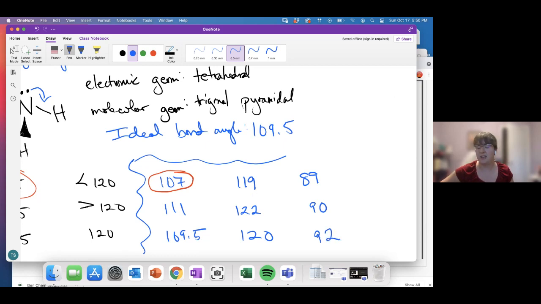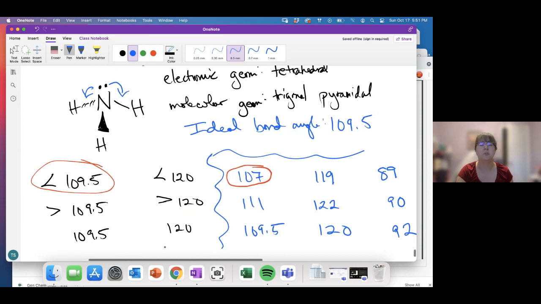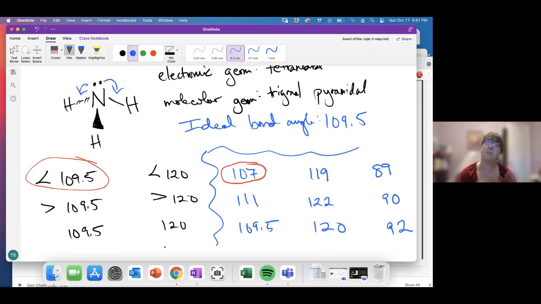So when we're looking for less than 109.5, we're looking for something that's still close to 109.5 as we pick things like this. We could just do less than 109.5 and do it in symbols. That is one option. We have certainly done that before, but we could also give you numerical options.